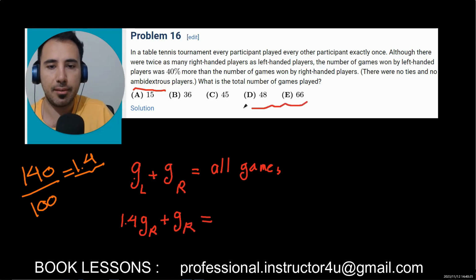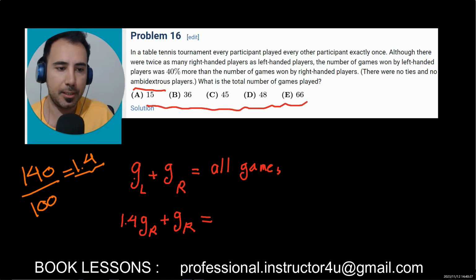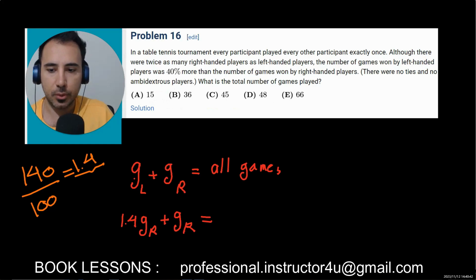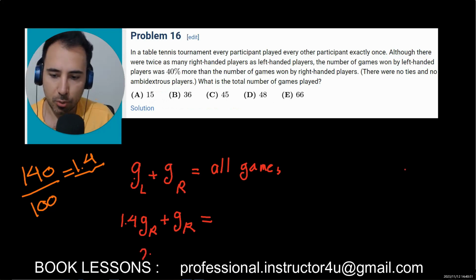It will be one of the numbers here. So if I factorize GR, it will be 2.4 of GR, which is the games won by the right-handed people.